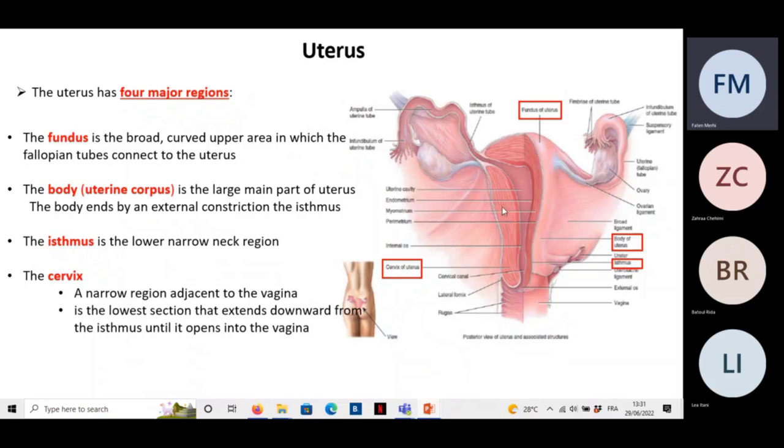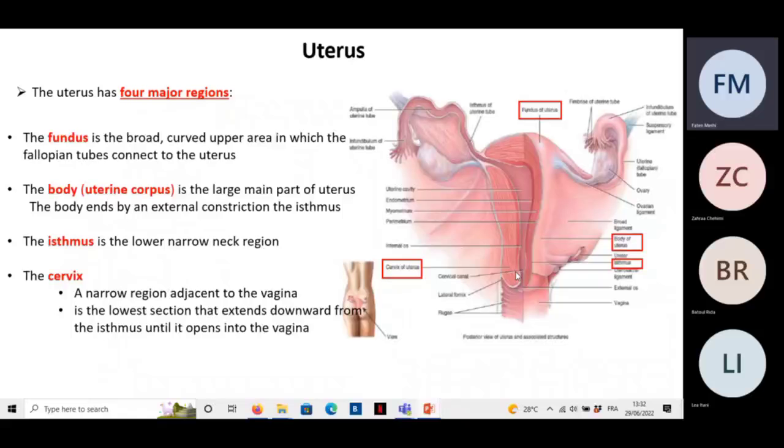Those smooth muscle cells and the gap junctions make it thicker than the cervix or the isthmus.